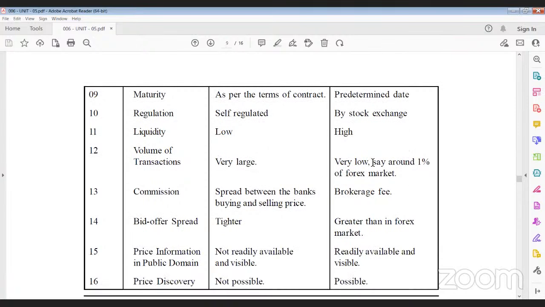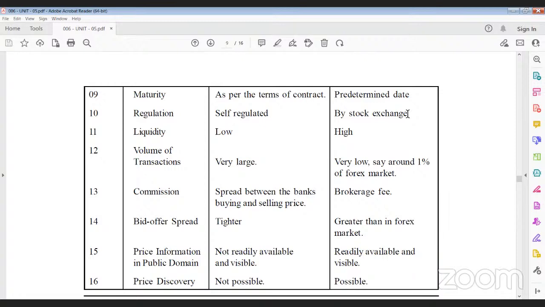Maturity, as per the terms of the contract for forwards, whereas futures are all predetermined and regulated. Under regulation, forward contracts are self-regulated, whereas the future contracts are regulated by stock exchanges, that is NSE and BSE.